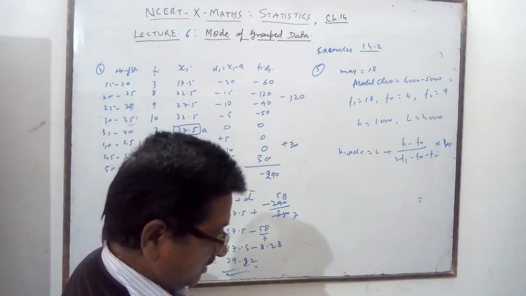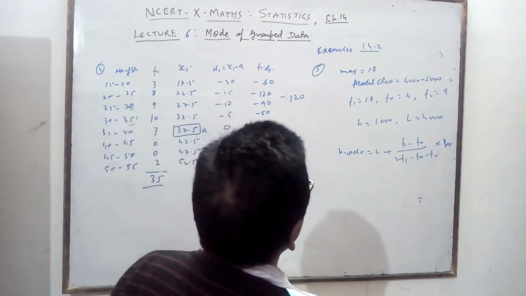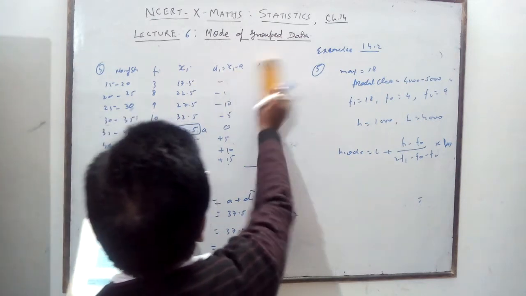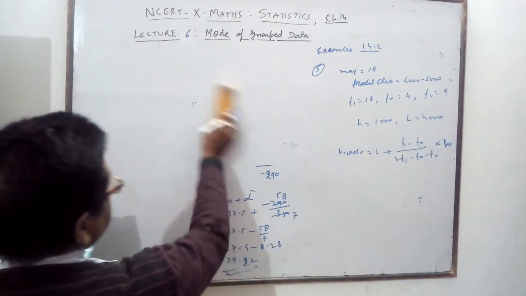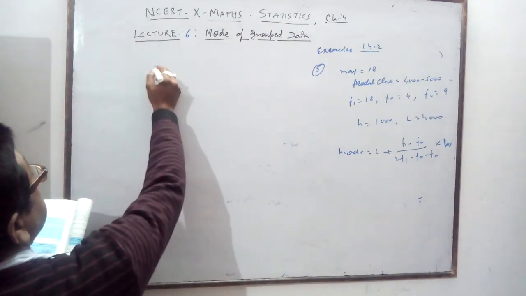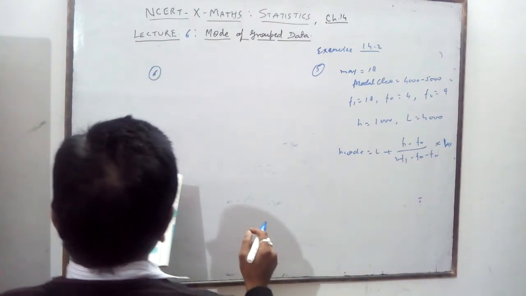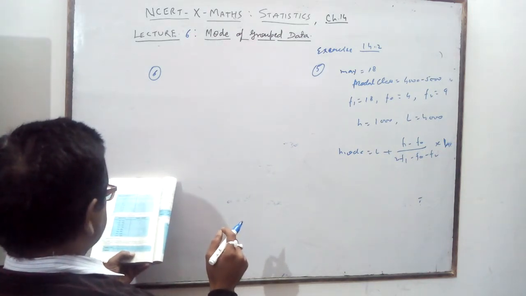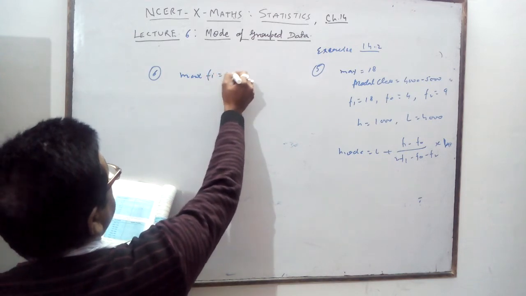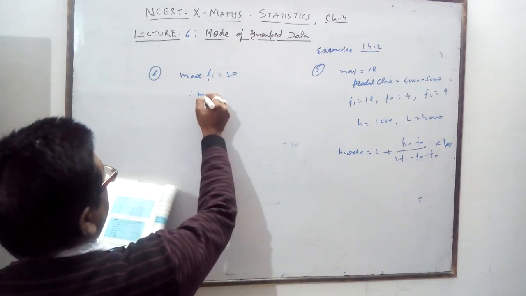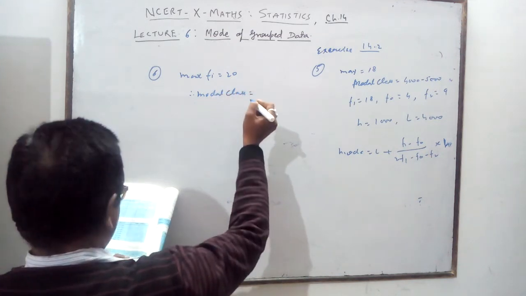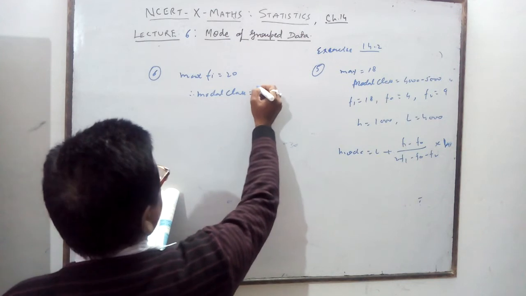Question number 6 is given. What will you do? You find out the mode of this. You want to find the mode, no need of a table. Maximum frequency is 20. Therefore, the modal class will be 40 to 50.